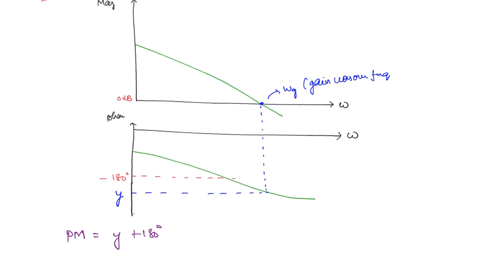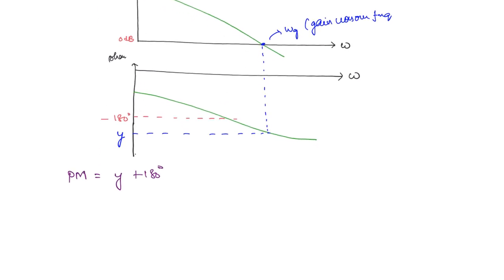Okay, so once again, if the system is stable, then what is the condition? Condition for stability with respect to the phase margin: it should be greater than 0. That means y plus 180 should be greater than 0. So only when y is greater than minus 180 degrees will the system be stable.